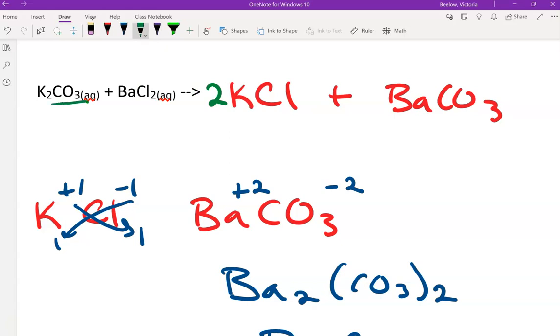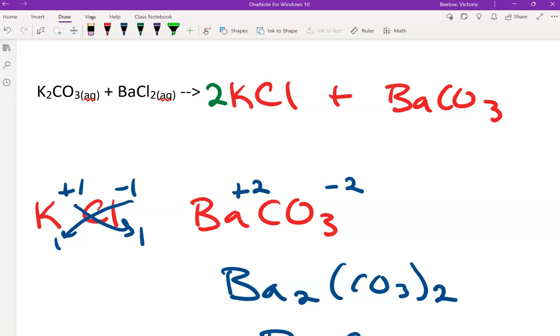If we look at the CO3 here, which is our polyatomic ion, there's only 1 of those on this side, and there's only 1 on this side, which is good. It's what we want. And then lastly, we have Ba. There's 1 here and 1 here.